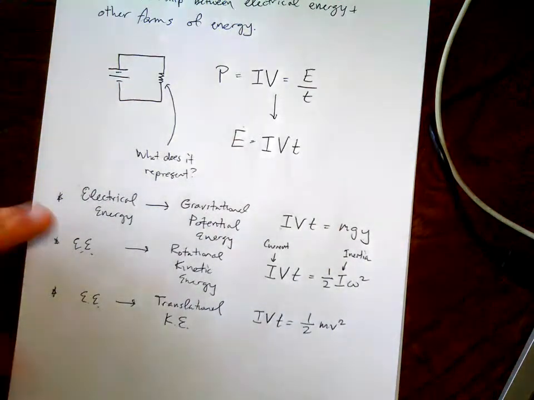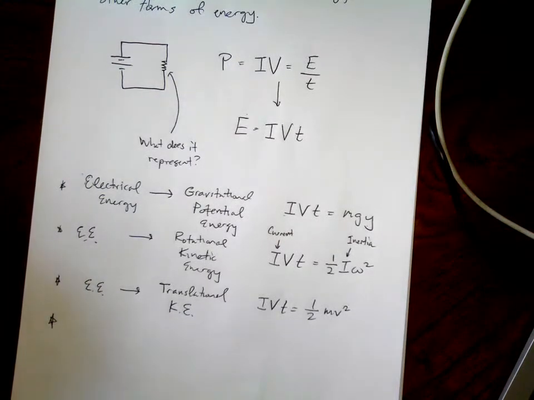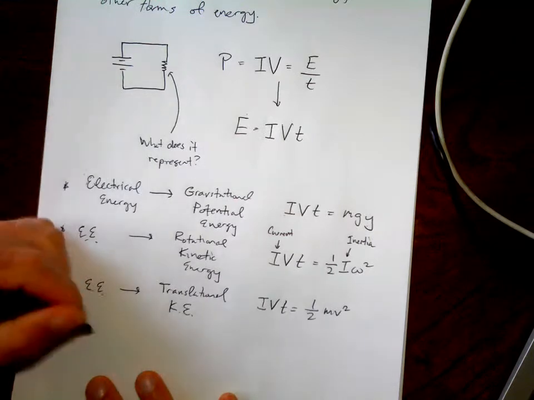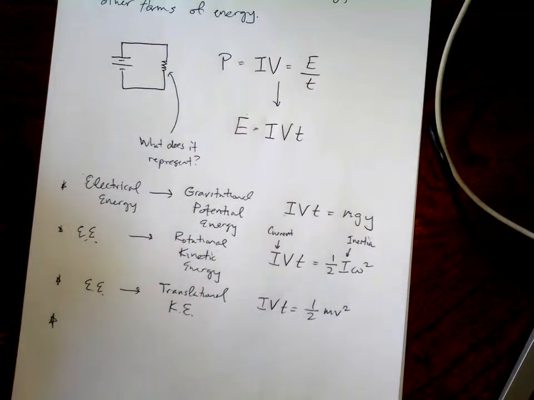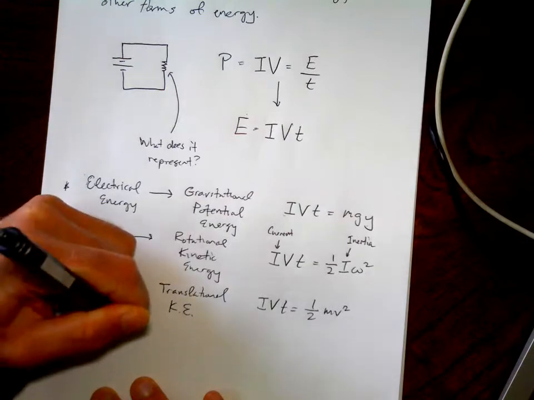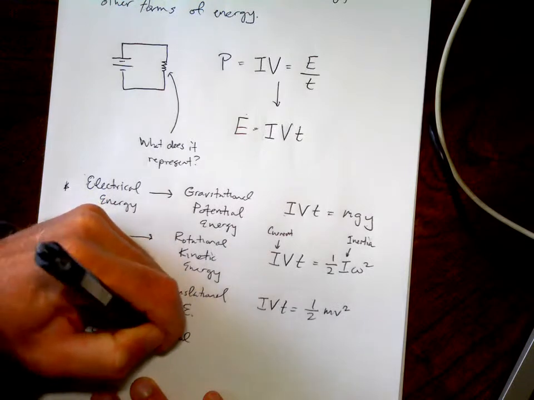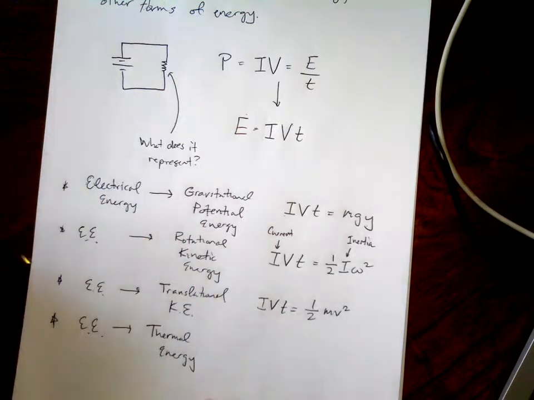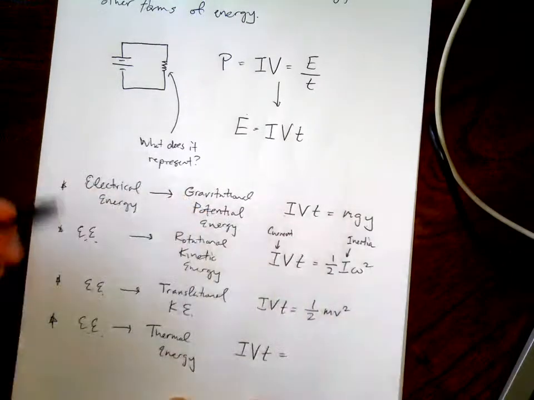Trying to think if there are any others. Oh, you could even talk about a heater. This resistor could represent just a space heater. In that case, electrical energy is being transformed into thermal energy, or heat, and IVT equals the heat.